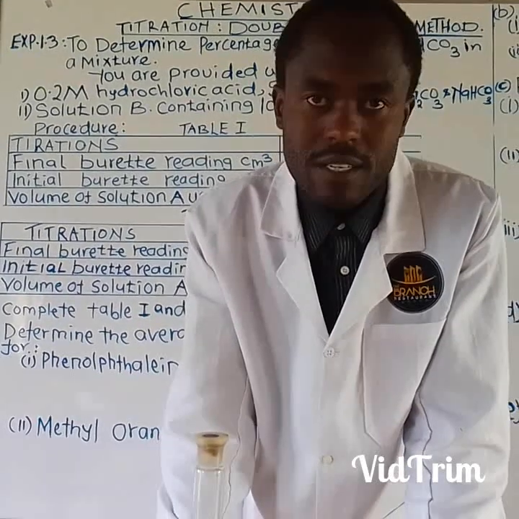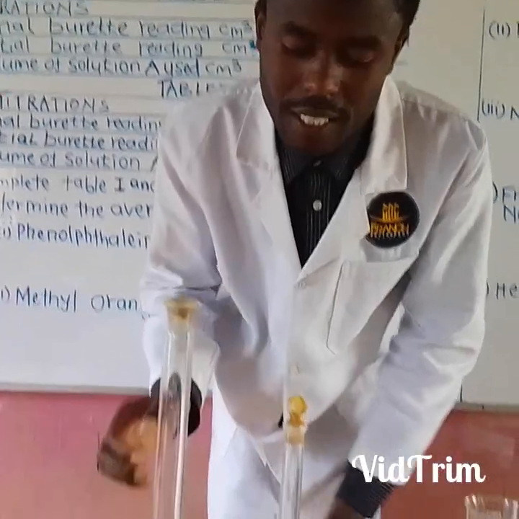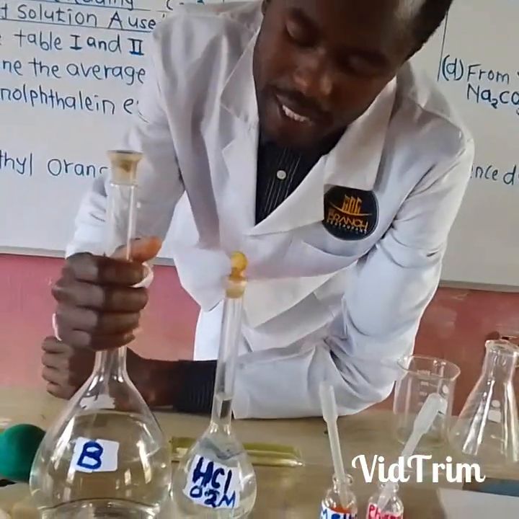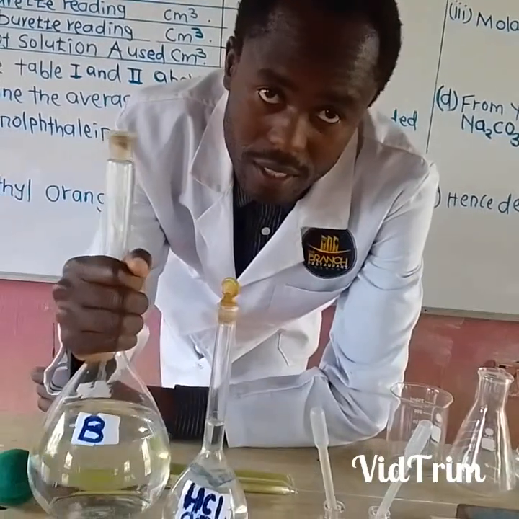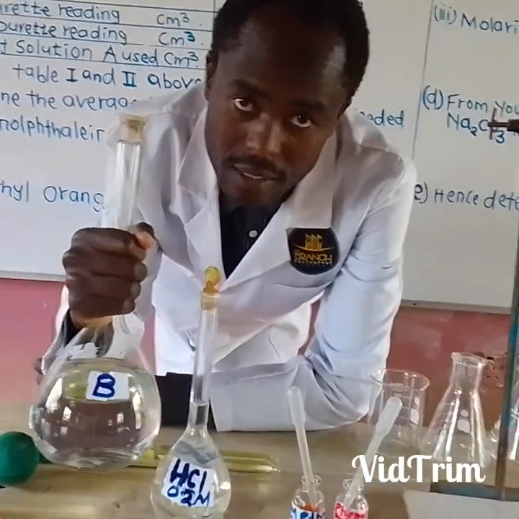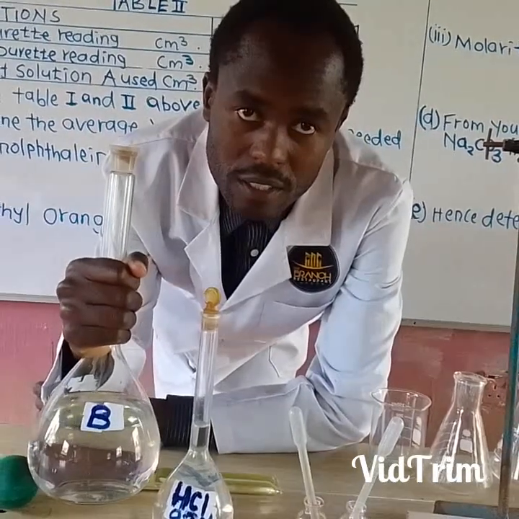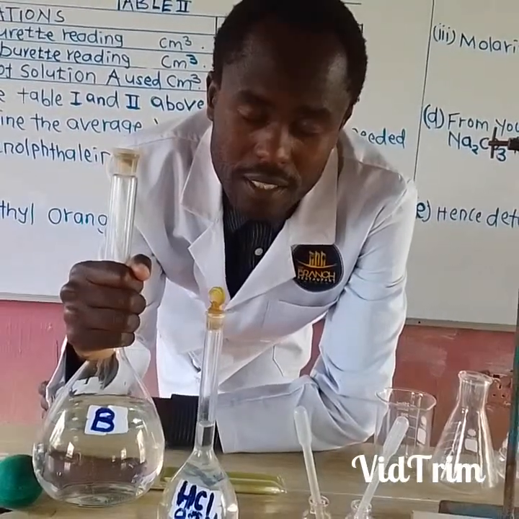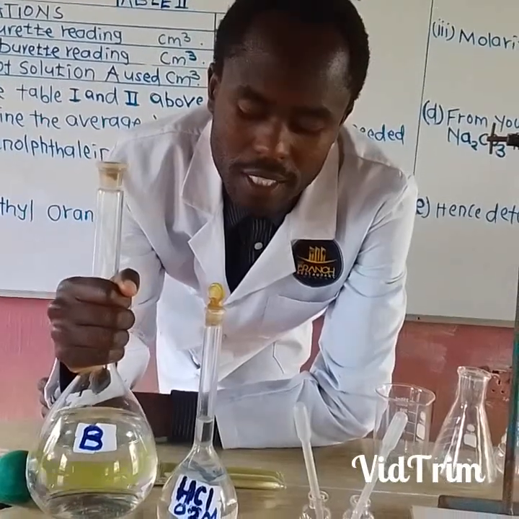So please let me start from my right here. I have this solution labeled as solution B, and this is a mixture of sodium carbonate and sodium hydrogen carbonate. Is it okay?